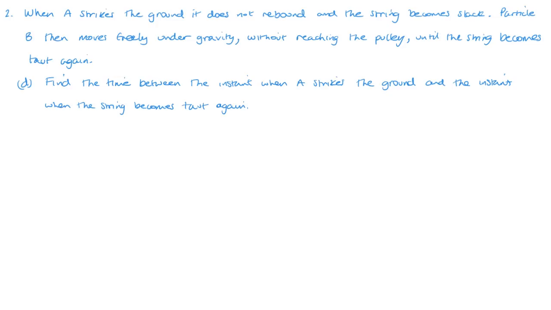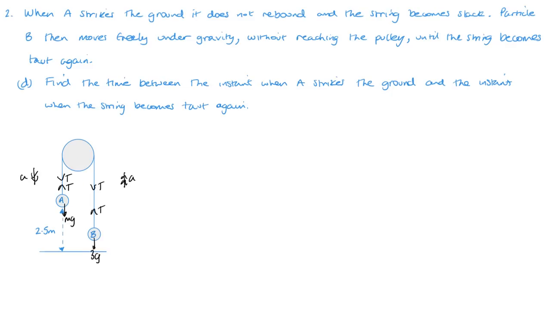So, when A strikes the ground, it does not rebound and the string becomes slack. The particle B then moves freely under gravity without reaching the pulley until the string becomes taut again. Find the time between the instant when A strikes the ground and the instant when the string becomes taut.